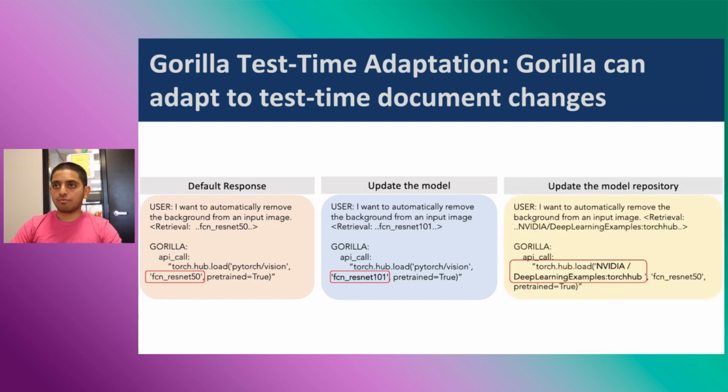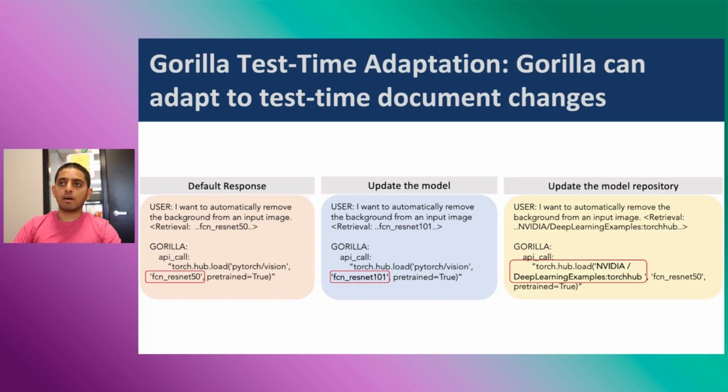Another example is where you say, hey, look, we have this API call. I want to keep the model similar, but I want to improve the performance of the model. So if we have, for example, engineers at NVIDIA who go and say, look, I can handwrite assembly and optimize this model, then you just have to change the repository from PyTorch Vision to, say, NVIDIA Deep Learning Examples Torch Hub.